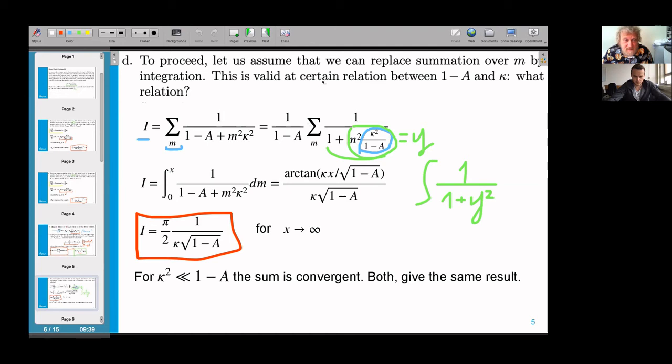That has nothing to do with convergence in principle. Convergence is mathematically established. When you look at big M, you see that it scales like 1 over m squared, and that sum converges.